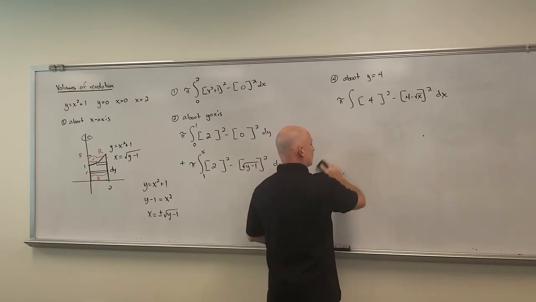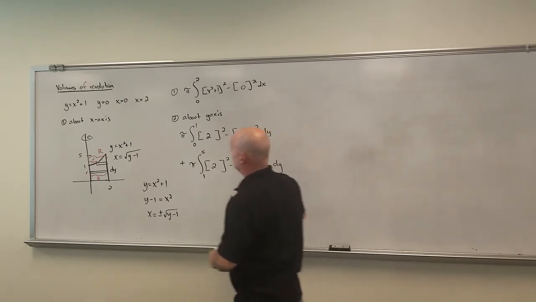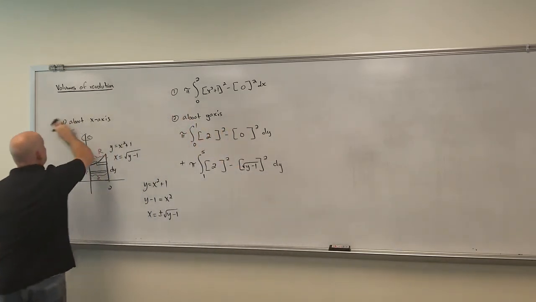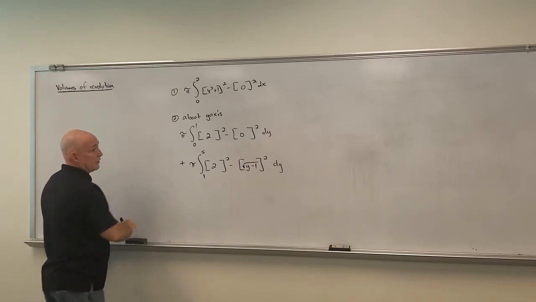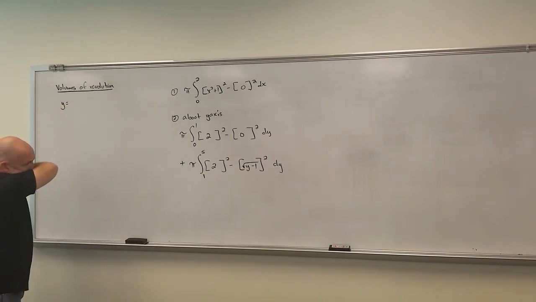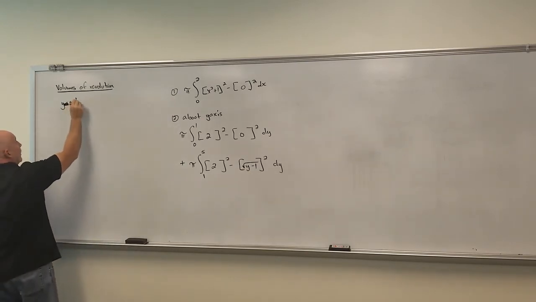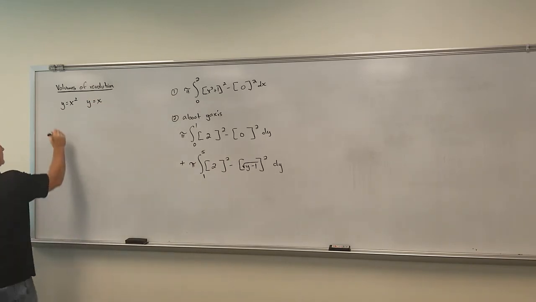All right, so we'll do one more quick example. I'm actually going to set it up and let you guys try this. So, find the volume of the region bounded by, excuse me, y is equal to x squared, y is equal to x, and so on.